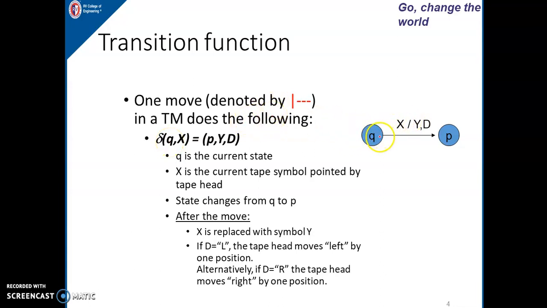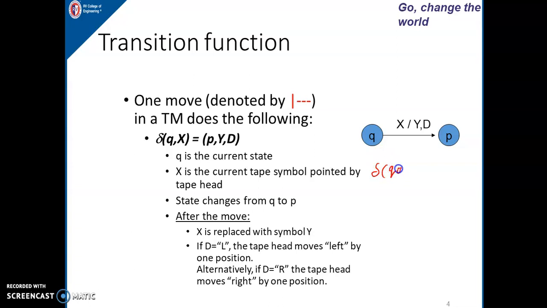When we read input x, which is the current tape symbol, because input will be stored in the tape, x is replaced by y, so we put a slash, and then x is replaced by y, and in place of d we write either L or R.